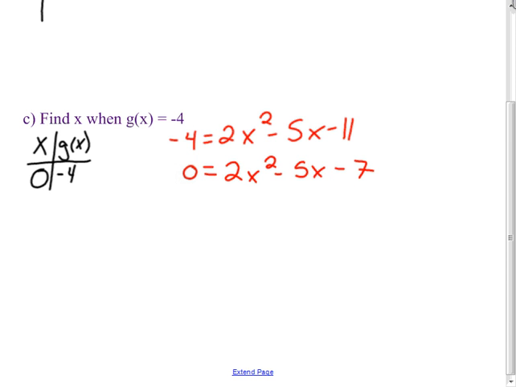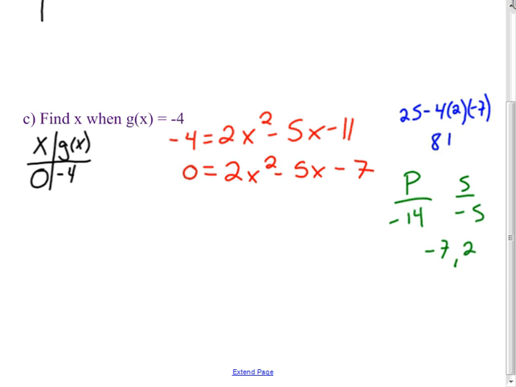So b squared minus 4ac: 25 minus 4 times 2 times negative 7. I get 81, a perfect square, therefore I factor it. Product is negative 14, sum is negative 5. The two numbers that work are negative 7 and positive 2. Can't shortcut this.